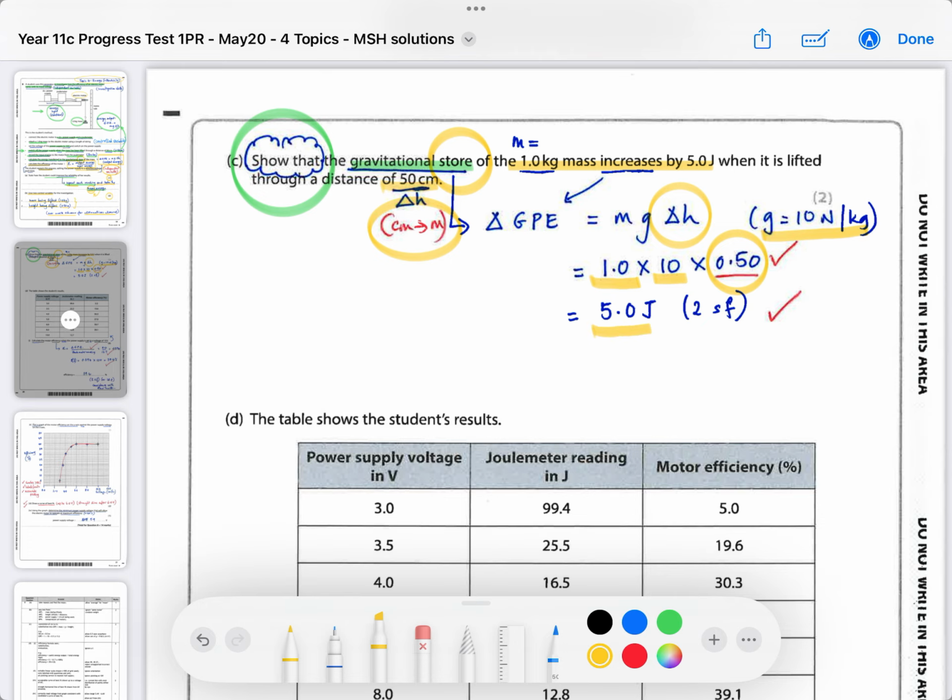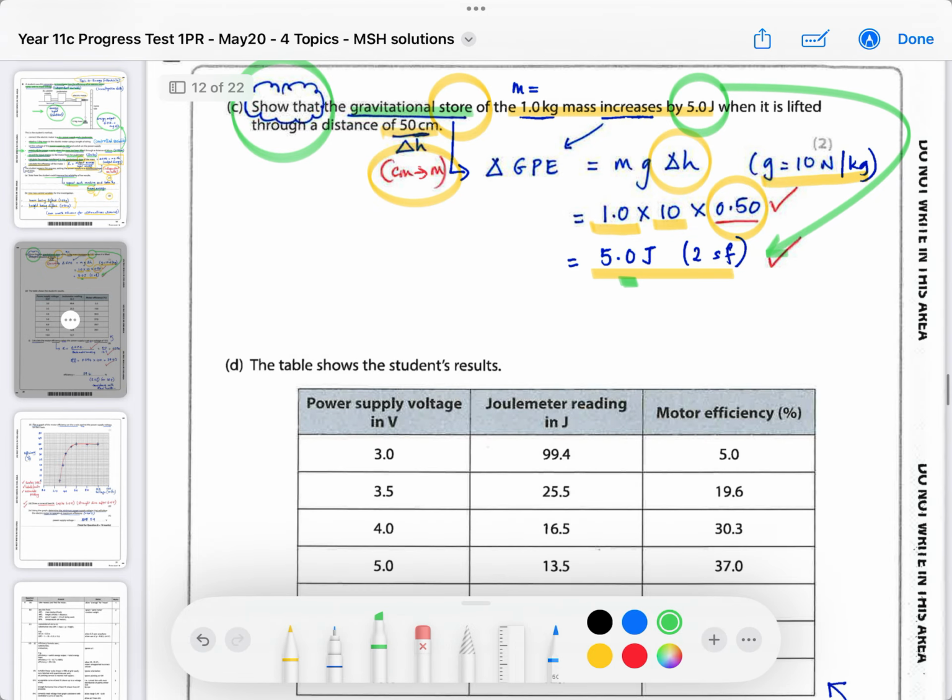And then you should really give your answer to 2 significant figures, because they've stated that they want you to show that it is 5.0. So you shouldn't leave it as 5. You need to show that the 0 is significant. The 0 is significant because that's to show how accurately you can calculate it.